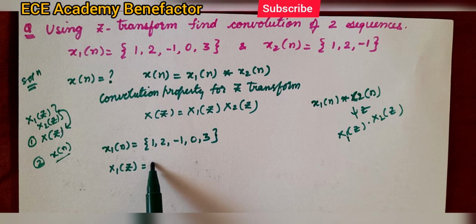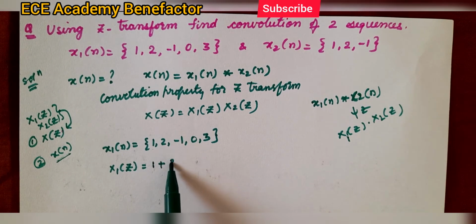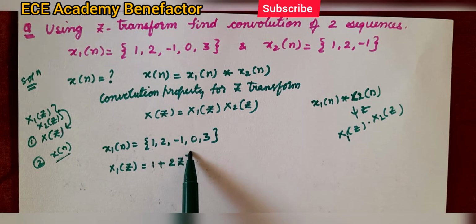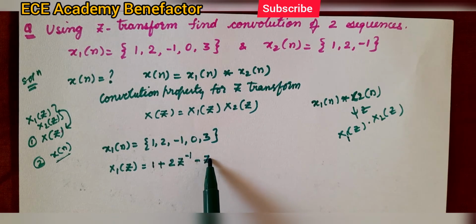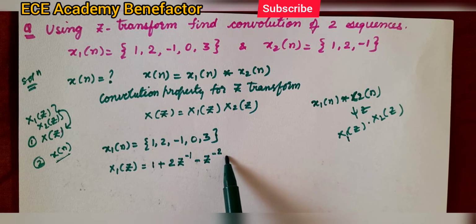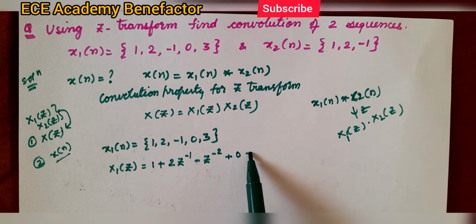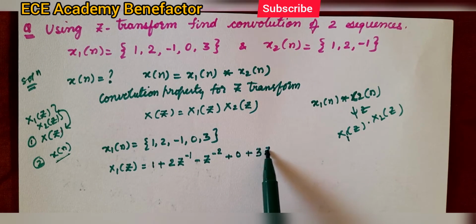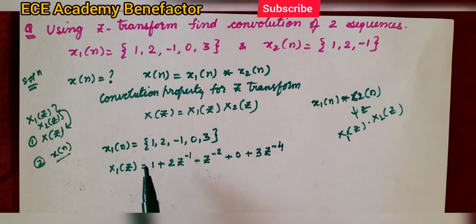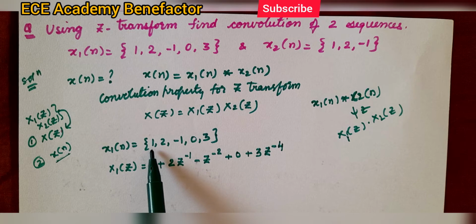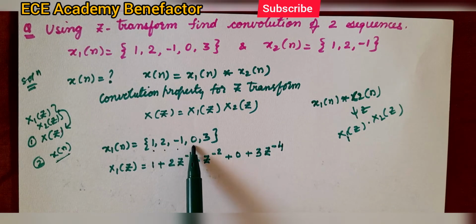So, it will be 1 plus 2z to the power minus 1 minus z to the power minus 2 plus 0 plus 3 z to the power of minus 4. That is, the n values are 0, 1, 2, 3, 4.